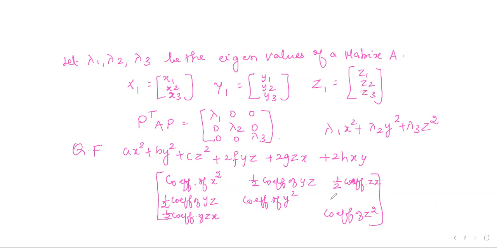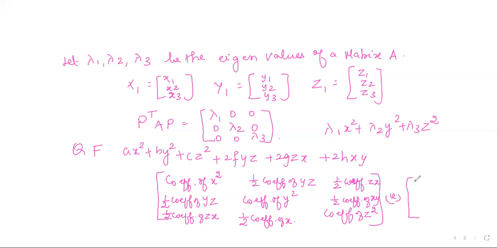And a23, the second row, third column, is 1 by 2 of the coefficient of yz, and this is the same as a32. So that is from the quadratic form.